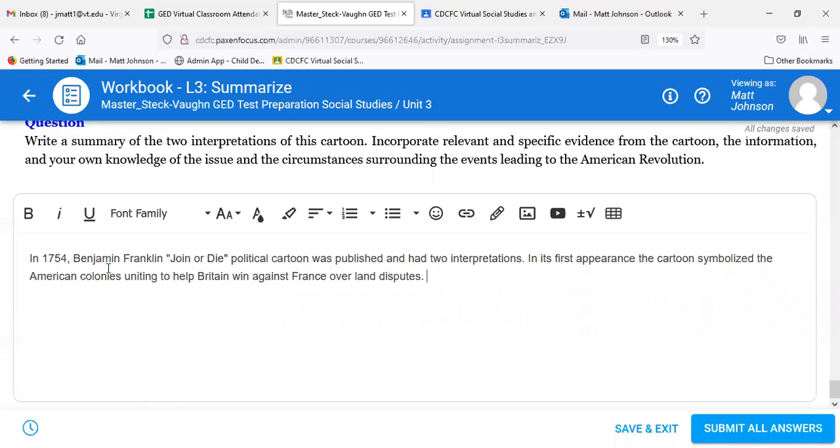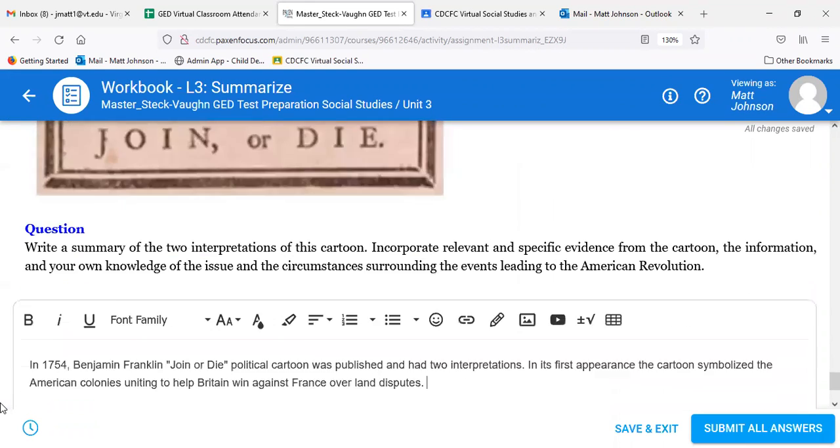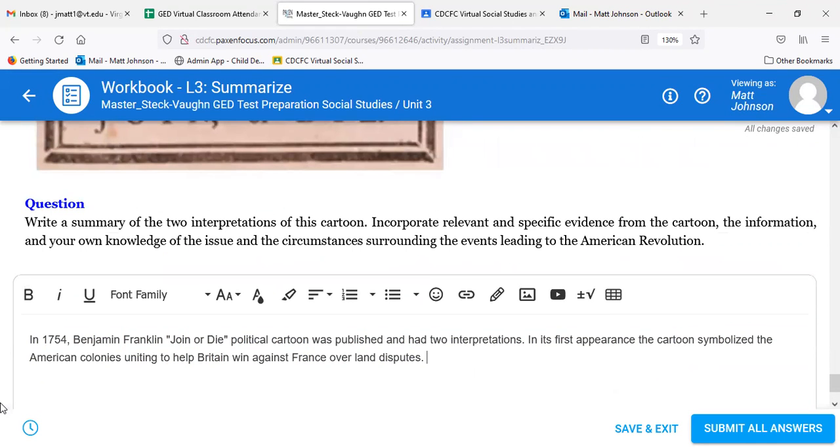Do you want to mention the stronger together part, or is that not necessary? I think that's implied. The idea is that the person is looking at the image and then reading our text along with it. Imagine you're at a museum, like the Smithsonian History Museum in DC, and this is on display, and you're like, oh, this was in 1754, Benjamin Franklin.